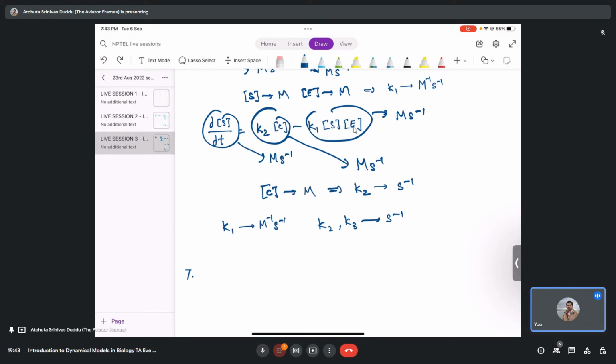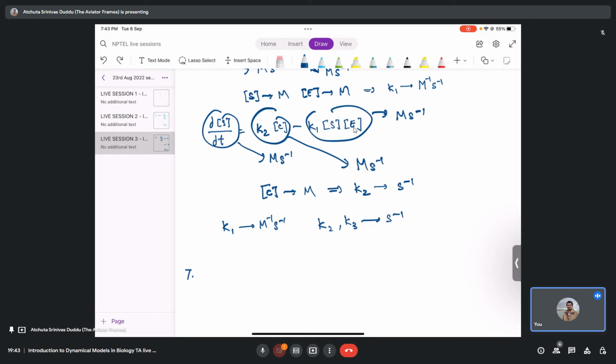So essentially, we have product formation in terms of substrate and enzyme. What do we do in the Michaelis-Menten form of equation? We consider that C is at steady state, and we write it in terms of some Michaelis-Menten constant, as a function of substrate and enzyme.